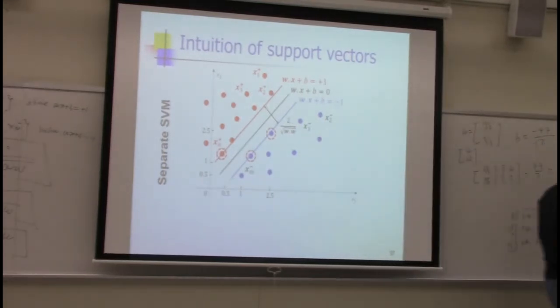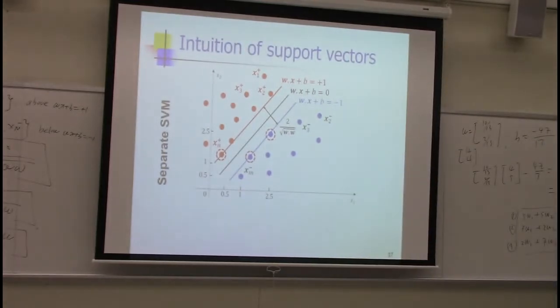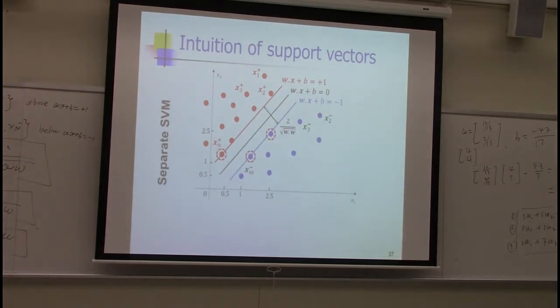So which means, after you train the model, you identify support vectors. Then you can disregard all the other points. Only keep your support vectors. And then you apply your classifier to train your model, you get exactly the same solution. So basically, support vectors are the points that can summarize all your data for classification.